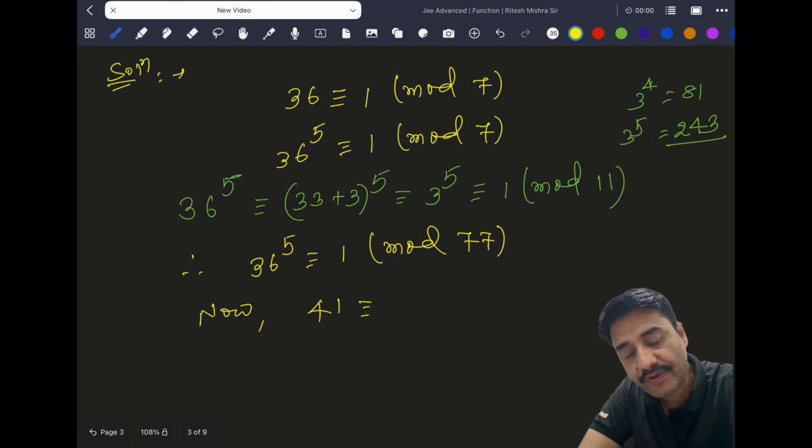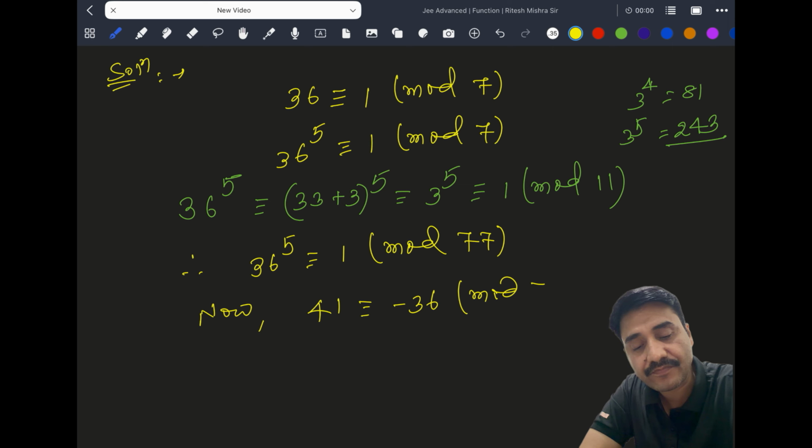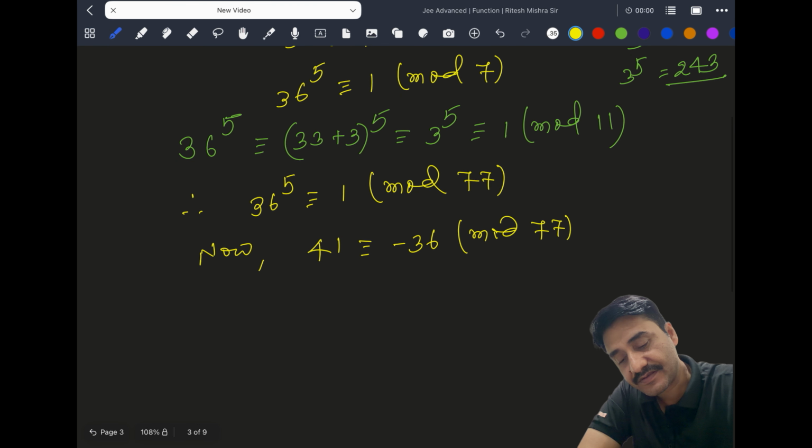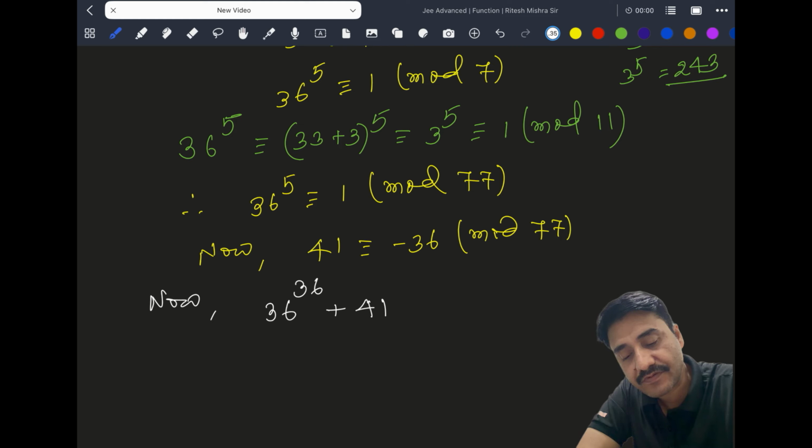41 is congruent to minus 36 modulo 77. Okay, when 41 is divided by 77, it leaves remainder minus 36. Now 36 raised to 36 plus 41 raised to 41.